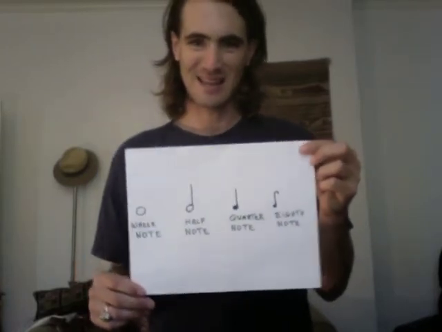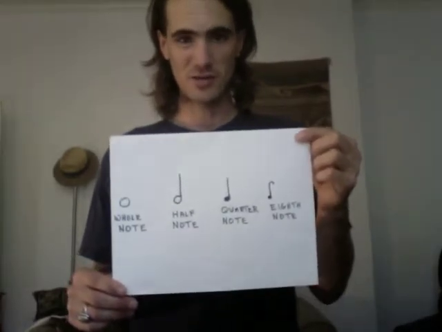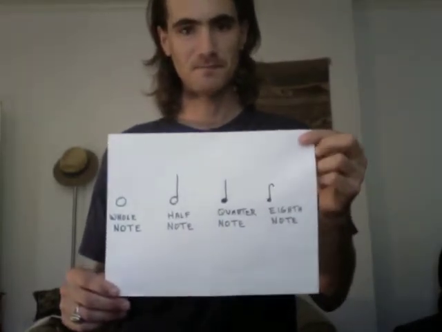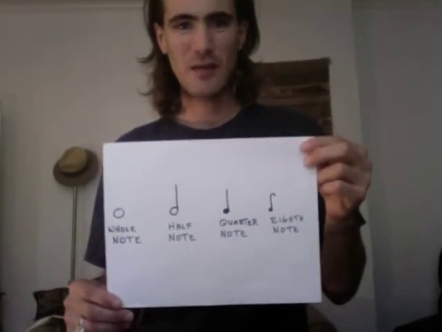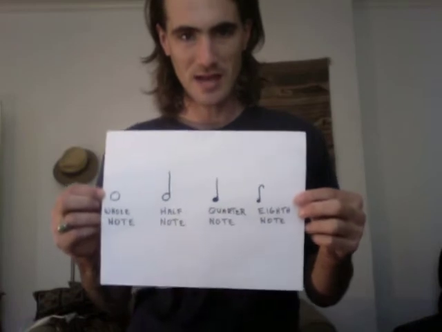I said that was true for all but two kinds of notes, and that's true. There is another piece of note anatomy that I will get to in this explanation.